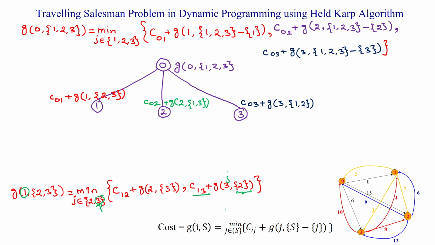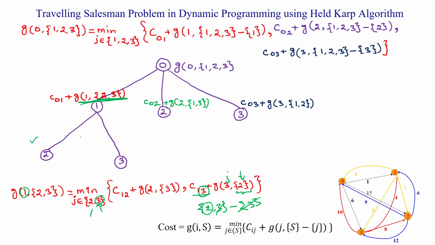Then this 2 comes from here, we have two options, 2 comma 3, so minus j, now j is 3, so minus 3. Now this is subtracted, so we get 2, that 2 is given here. So now we got two options. So based upon the two options, for g of 1 comma subset 2 3, we will get two options.